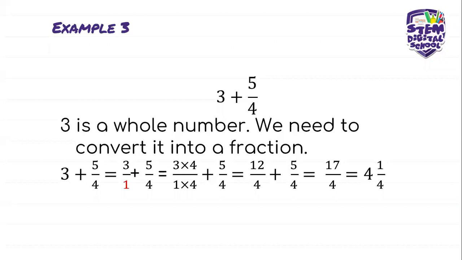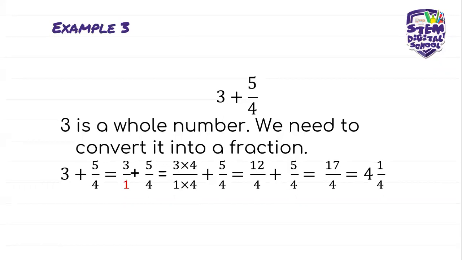I have not touched, if you can check, the second fraction. And the reason is already we have 4 there as the denominator. So there's no need to multiply it by 1. I mean, you can if you want. If you want to, you can say 4 times 1, that's 4. And then 5 times 1 also gives you 5. So it will not change. That fraction remains the same.